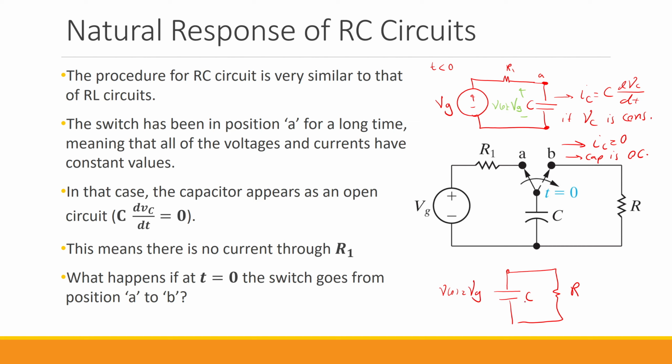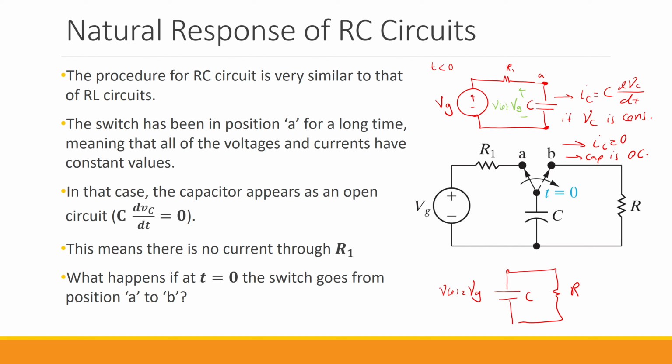This capacitor has some energy stored in it in the form of a voltage. But we know that the resistor is always consuming power. So intuitively, if we have a capacitor with some initial energy connected to a resistor, the resistor is going to consume all the energy over time.